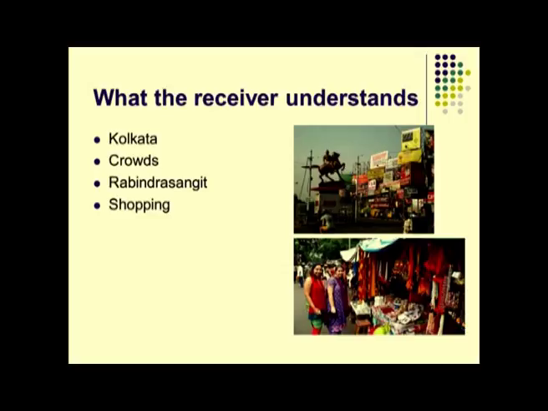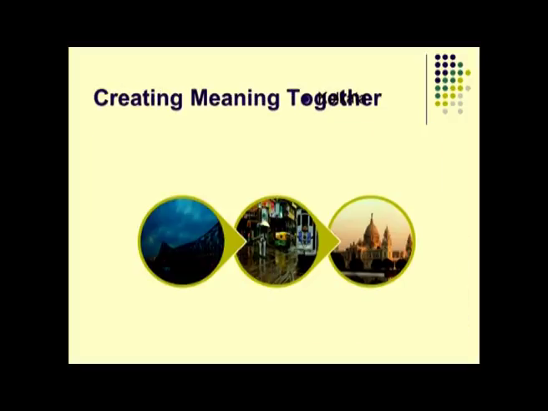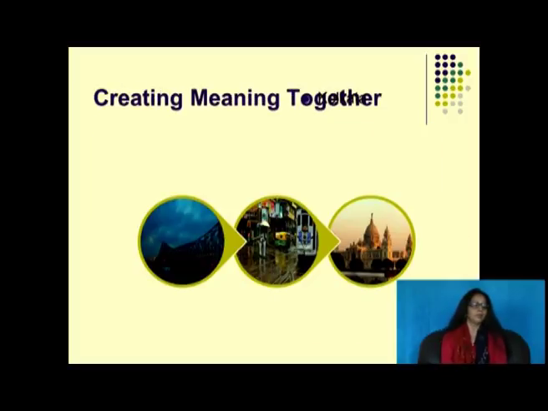So Kolkata for some is crowds, for others it's Rabindra Sangeet, for the third group it's shopping. But what we need to do to be able to communicate is to create meaning together by asking and giving feedback. You say, oh yes, I just want to walk down Vidyasagar Setu. So then the sender says, oh, I can't get to Park Street.